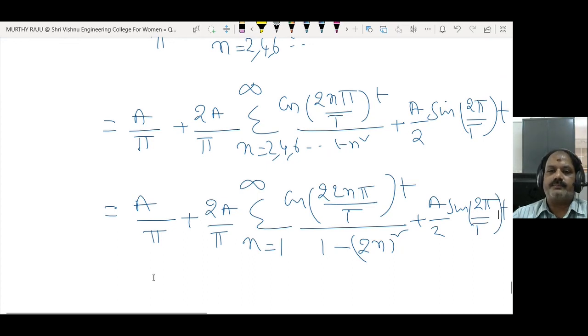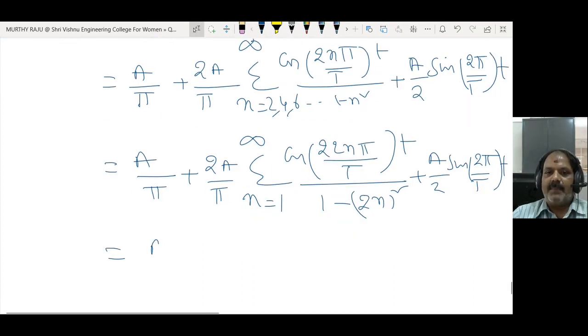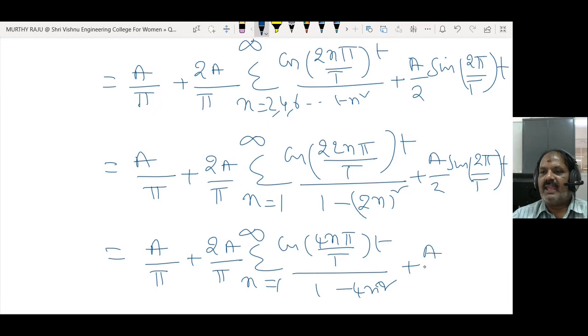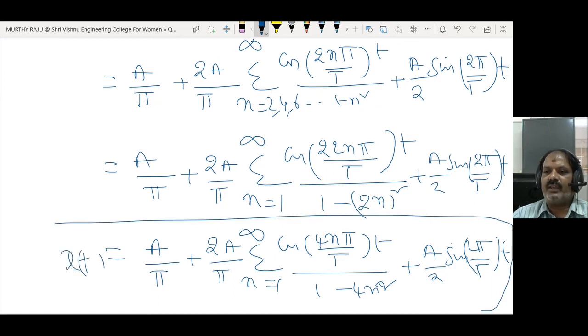Therefore, finally, A by pi plus 2A by pi sigma n is equal to 1 to infinity cos 4n pi by T into t by 1 minus 4n square, plus A by 2 sine 2 pi by T into t. This is the actual Fourier series expansion of the half wave rectified cycle. With this, the derivation is completed.